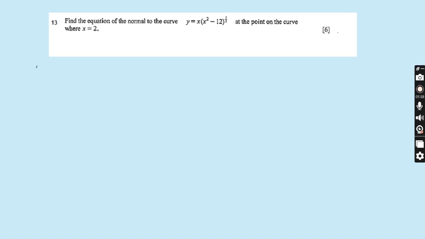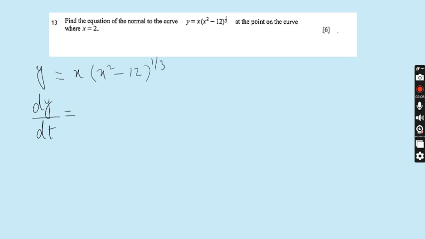So write the equation of the curve: y equals x (x squared minus 12) to the power 1 upon 3, at x equals 2. First we have to find the gradient of the curve, meaning the derivative of this function.